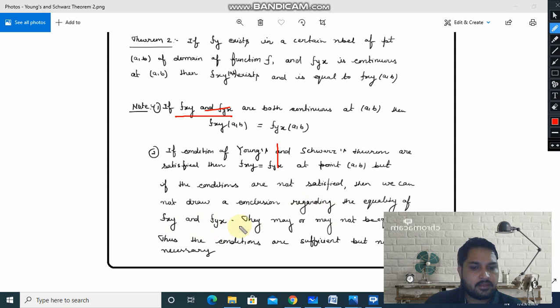They may or may not be equal. Thus, these conditions are sufficient but not necessary. That means it may happen that Young's and Schwarz's theorems fail, but still the value of fxy will equal the value of fyx.